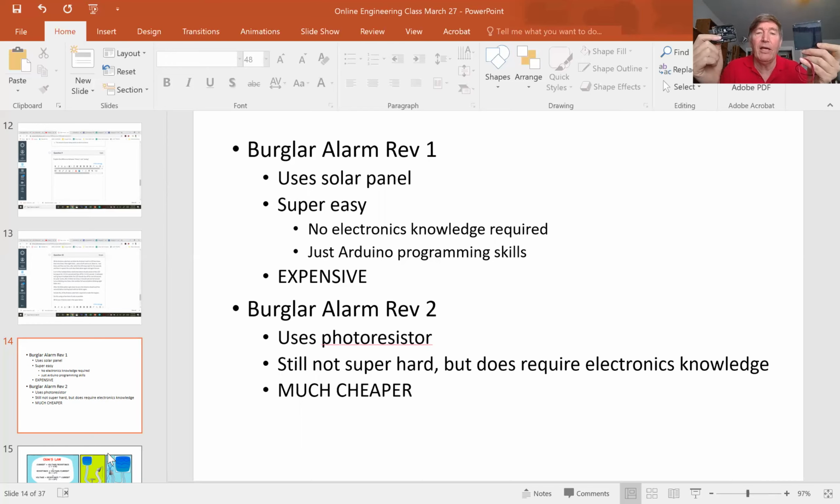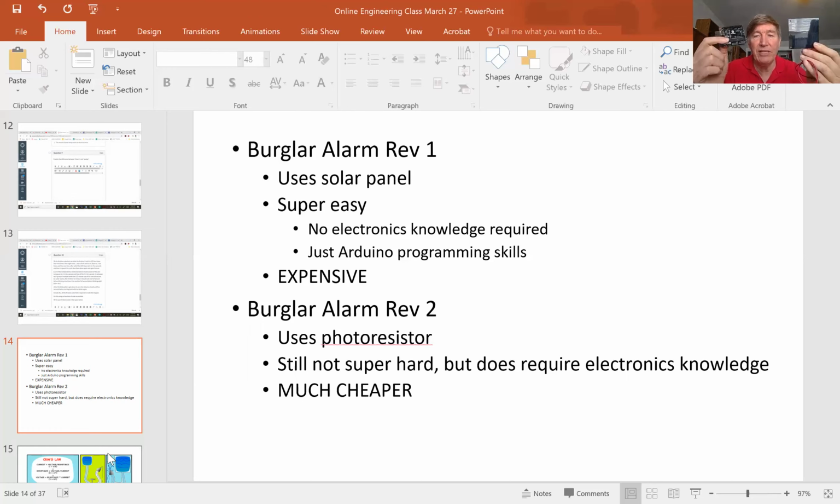Now, the problem with that is if we try to go into business selling burglar alarms based off of this, our competition could easily undercut us in price, because these solar panels are comparatively pretty expensive. We have to pay a high price to our supplier to buy the solar panels.